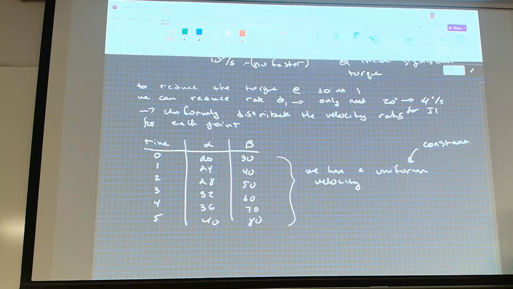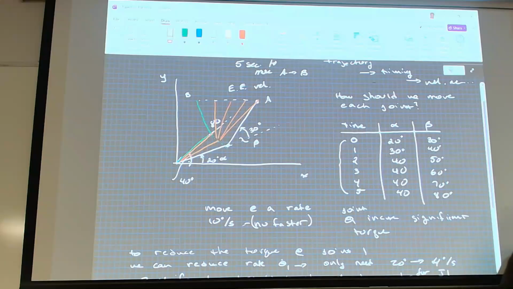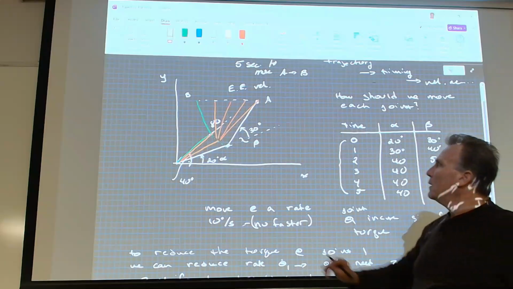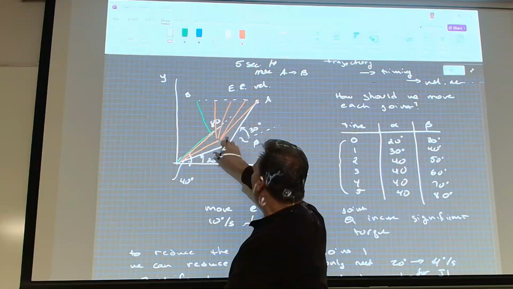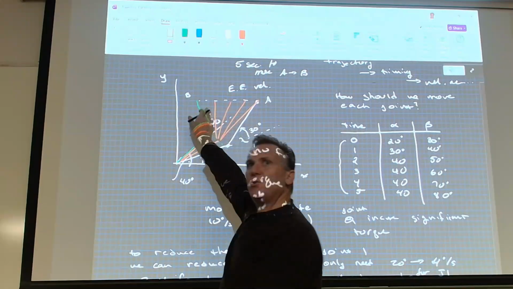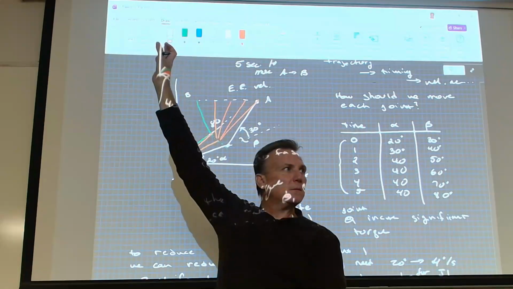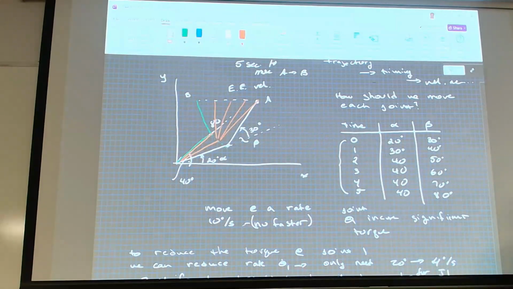Okay. But when we look at these velocities, notice these may in fact not, even though this is uniform angles, this distance may not be uniform distance. So yes, we're looking for the joint space, but are we really looking at the behavior of the end effector?